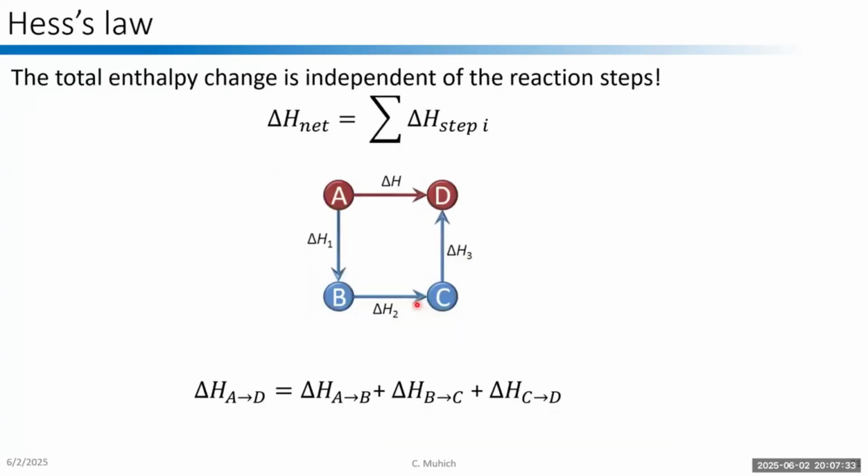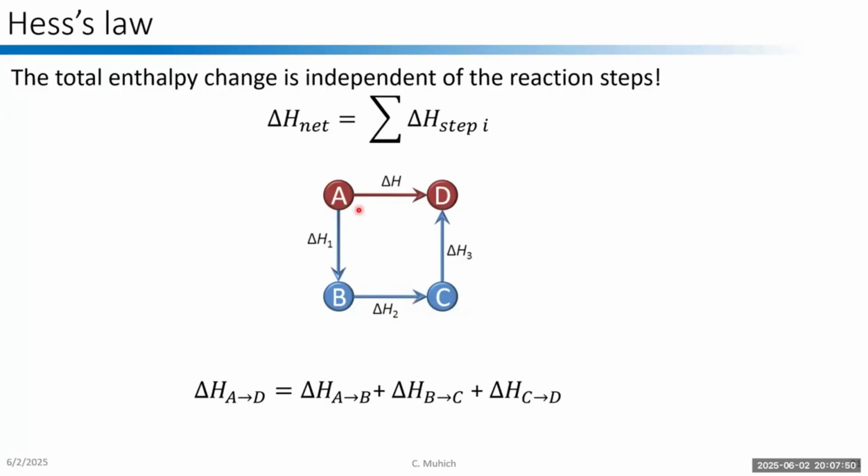All right, so this brings us to another concept that's really important in thermodynamics and that we'll make use of: the total enthalpy change of a system is independent of our individual steps.